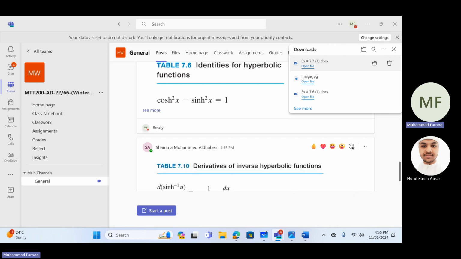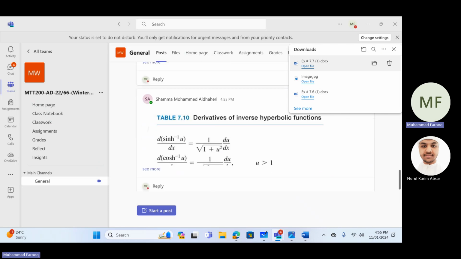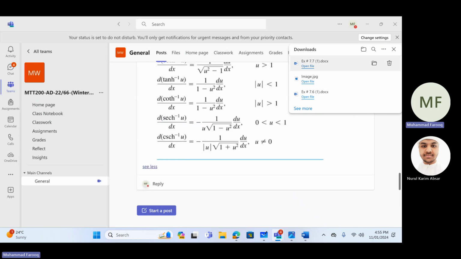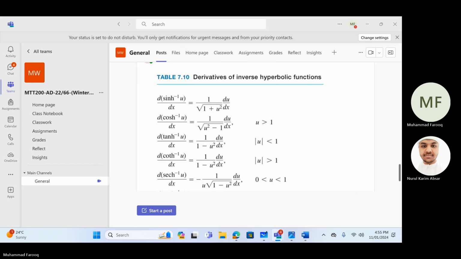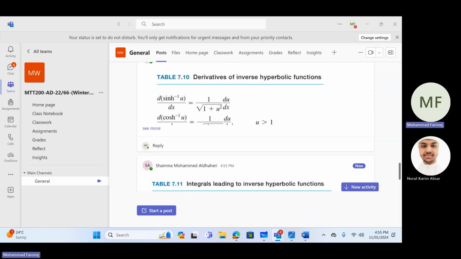So 7.10? Oh, yes, here. And there's another. Yes, thank you very much. Look at it, please. Table 7.10. You can see the derivative of what? Inverse hyperbolic function. So again, no need to worry about anything. Just copy the formula. That's it, please.